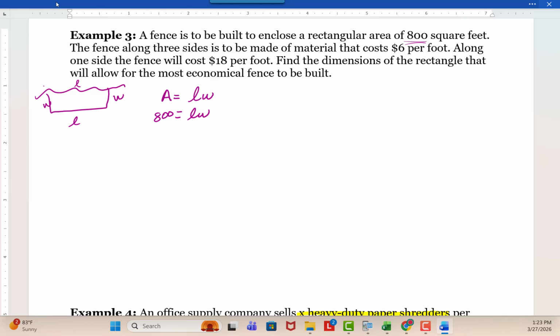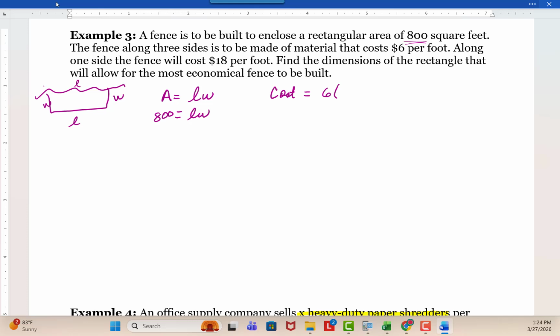We're trying to minimize cost, so we need to come up with an expression for cost. In general, we're going to have the cost for the $6 fence plus the cost for the $18 fence. For the $6 fence, we've got to use 2 of the widths and 1 of the length.